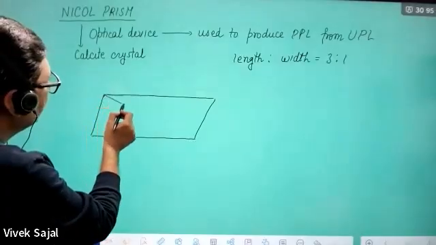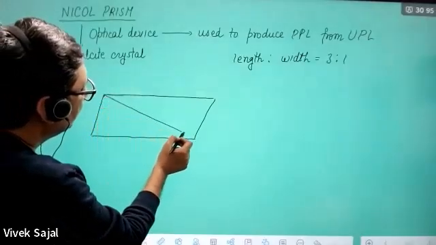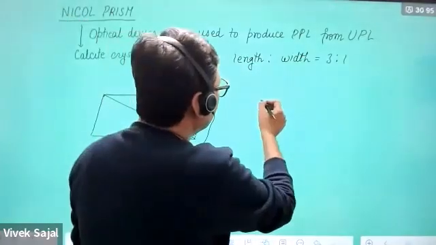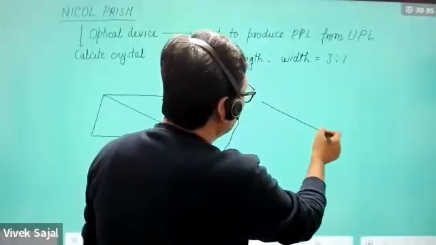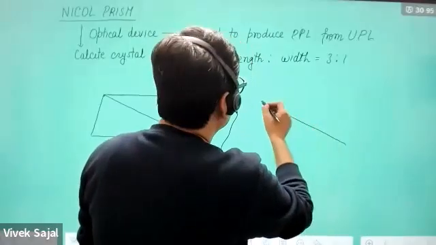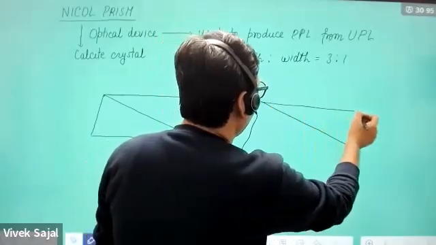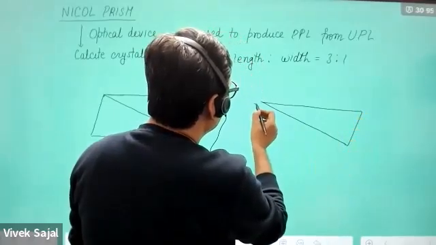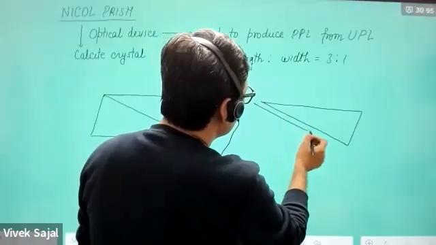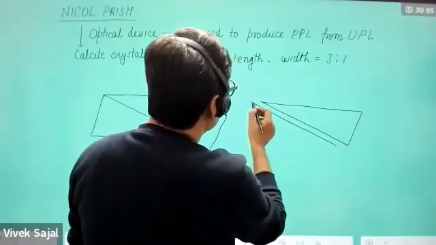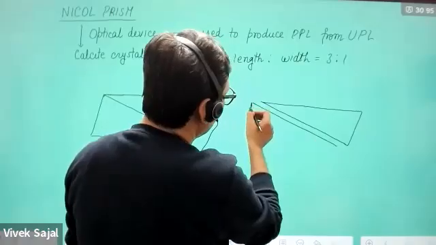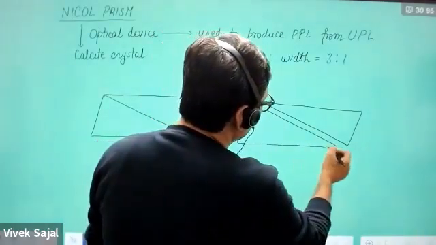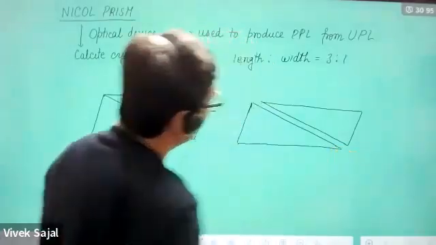So you cut it like this, and now you have two pieces. One piece is like this, and another piece is this. So you have cut this crystal in this way.